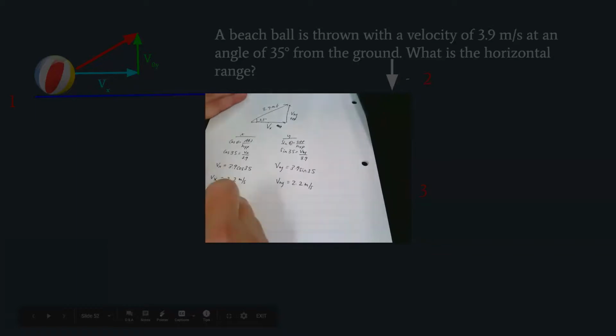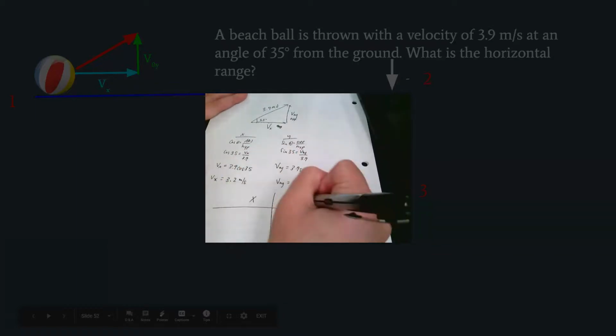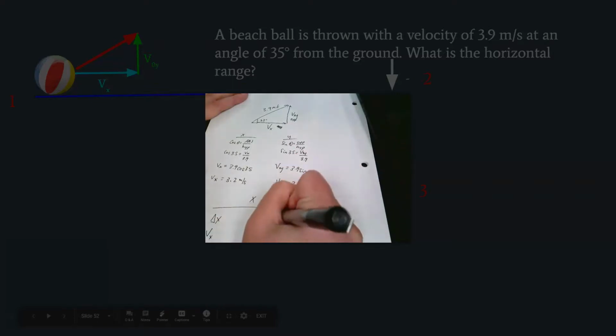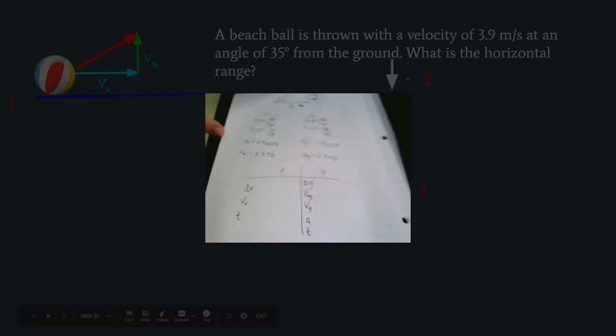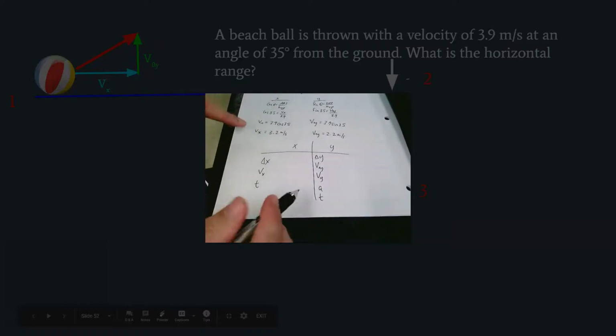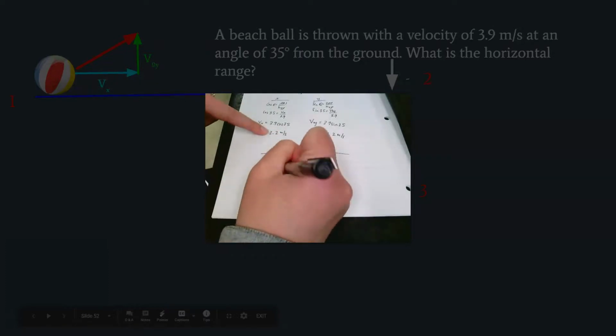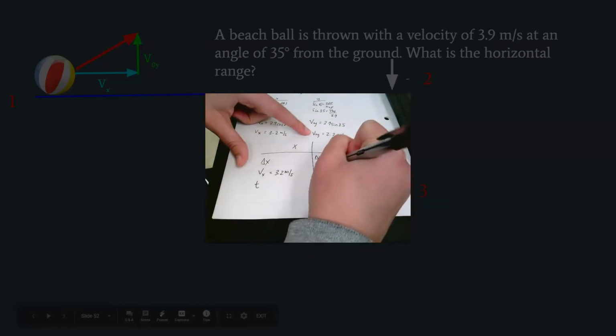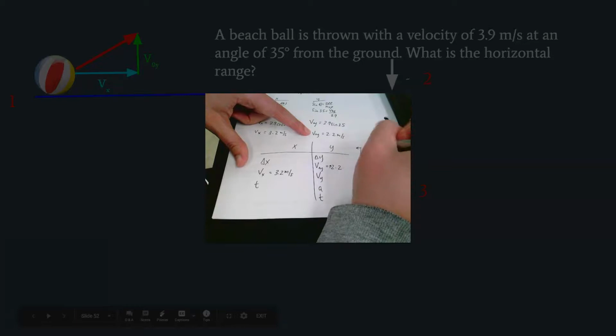Okay, so now we're going to separate our page into x and y. We're going to list what variables we have to keep track of. This really is just organization, but it lets us know what to do next. Some things we know: our velocity in the x direction is 3.2 meters per second. Our initial y velocity is 2.2, and it's going upward. So let's talk reference frame for a second.